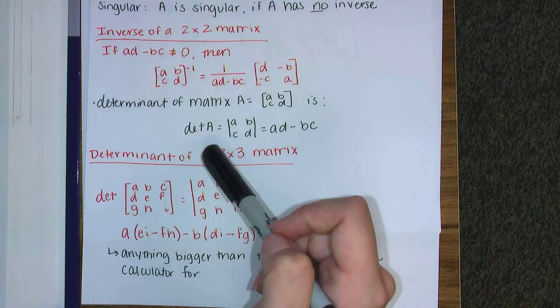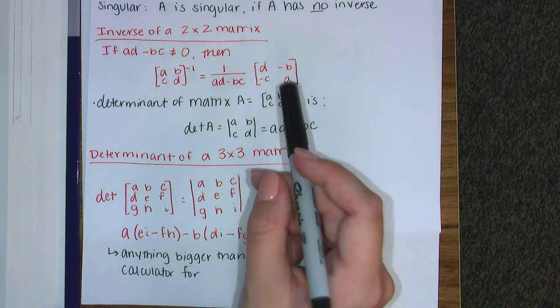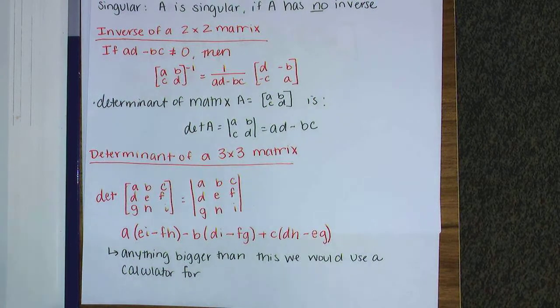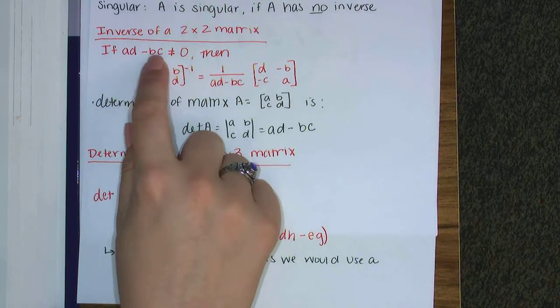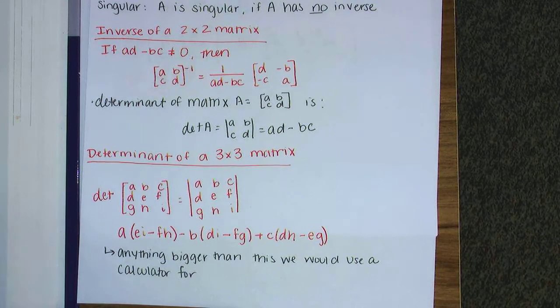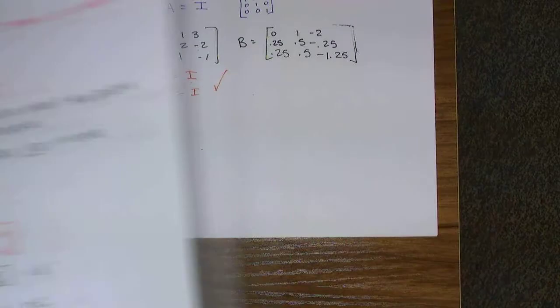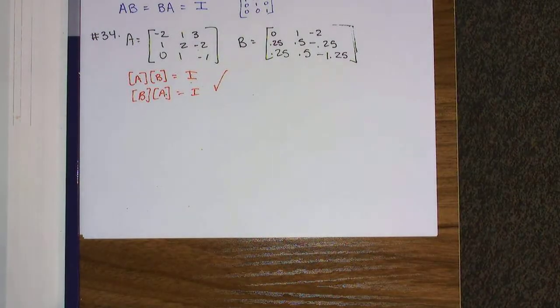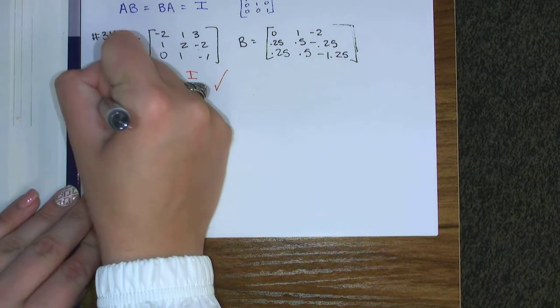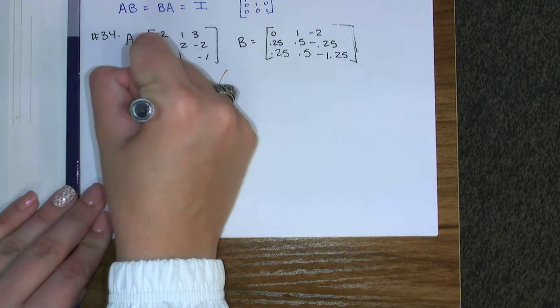We're going to look at one of these, and like I said, the very first step is to check and make sure that AD minus BC is not equal to 0. So, for number 36, find the inverse.